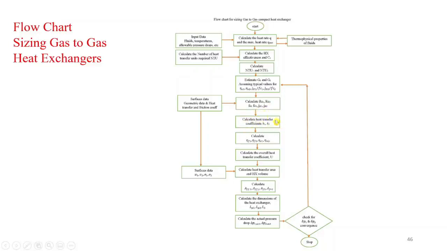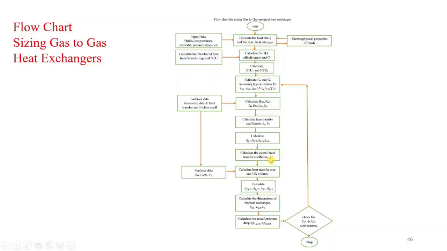Then you can calculate the heat transfer coefficient for side 1 and side 2 based on these values found for JH1 and JH2. Then you can calculate the fin efficiency and the overall surface efficiency for side 1 and side 2. This will help in finding the overall heat transfer coefficient, since we are assuming that we have only two resistances. Then we can find the U value. Of course, you can consider other resistances if the data is available for that.